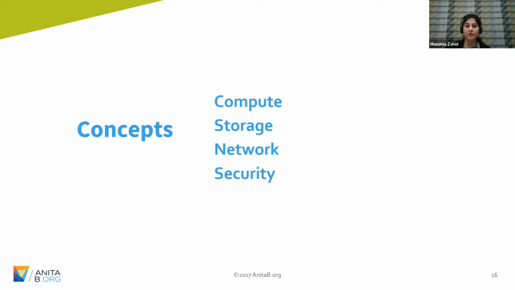I want to really emphasize these last two, the network and security. You can easily cost your company a lot of money if you don't understand the basics of network and security in cloud. Because if you don't understand the authorization and the authentication models that you have in cloud, and they vary from one cloud provider to another, it's important to understand those concepts.